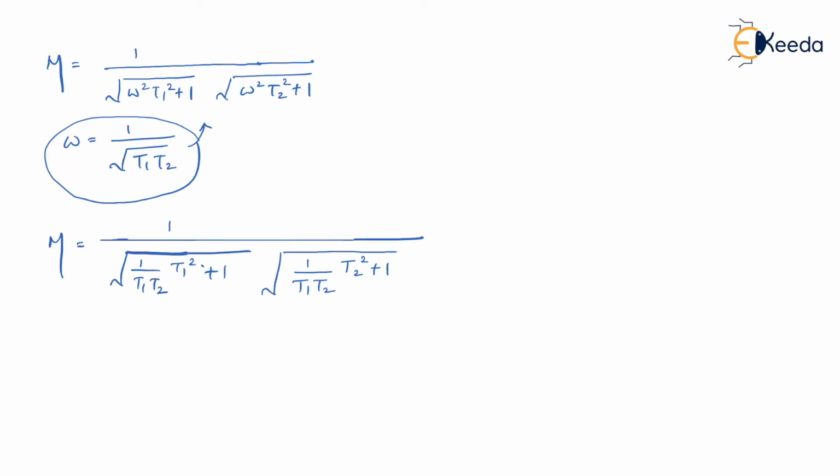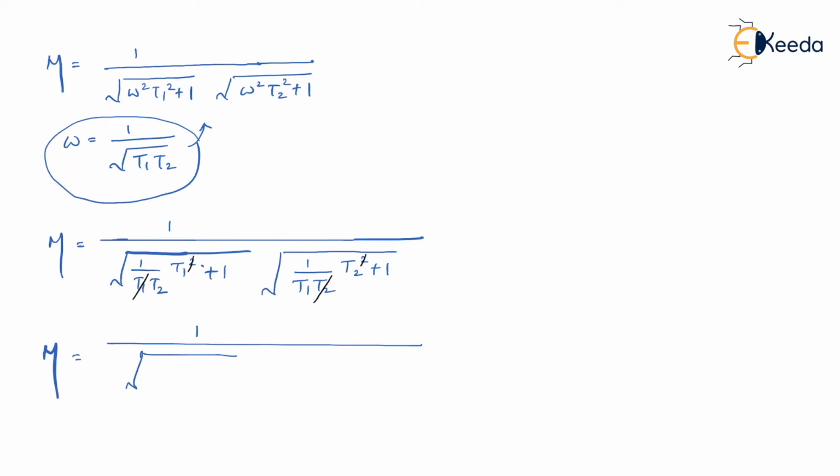Very easy. What I can do over here, I can cancel t1 with t1 square. I can cancel t2 with t2 square. And now whatever remaining, let me write it. Magnitude equal to 1 over, see what we have inside the root. You know, it is t1 by t2 plus 1.